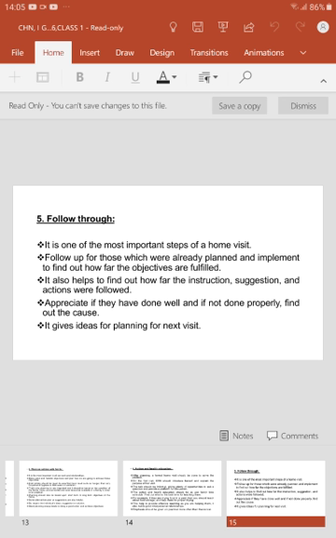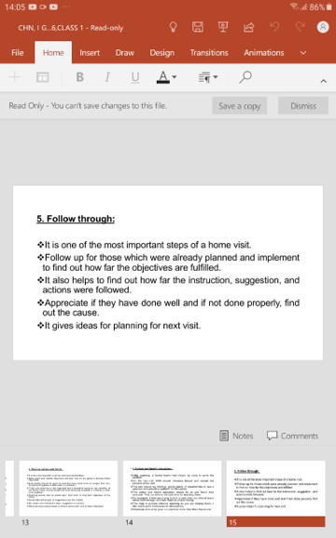Okay, then appreciate them if they have done well, and if not done properly, find out the causes. Some people will follow whatever health education we give, and some may not.